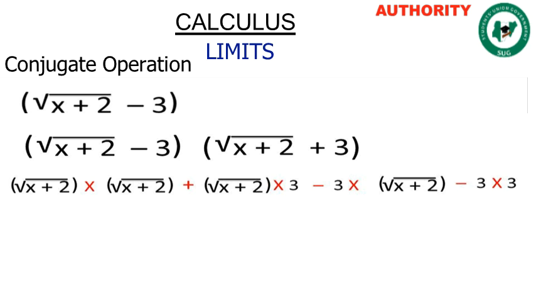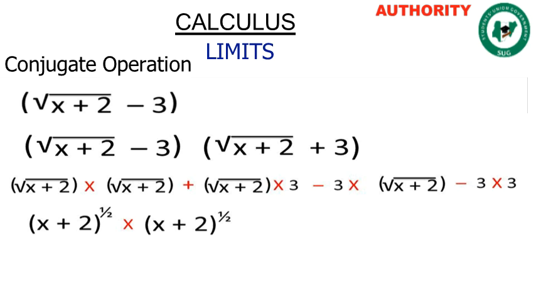We have square root of x plus 2 times square root of x plus 2. How are we going to do it? In the laws of indices, we have just finished treating indices. Look at what this simply means. Square root of x plus 2 is the same as saying x plus 2 in bracket raised to power 1 over 2.